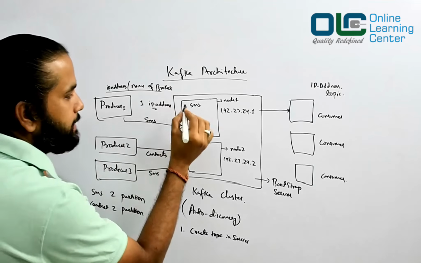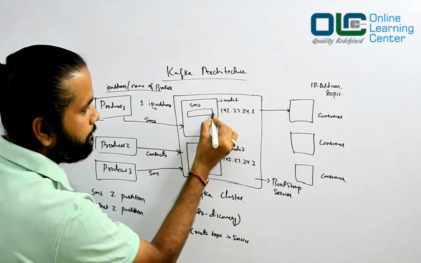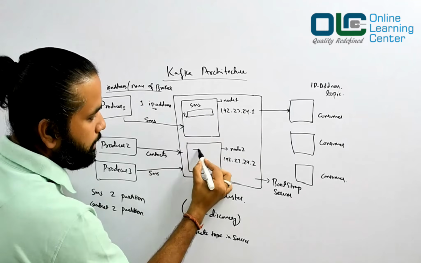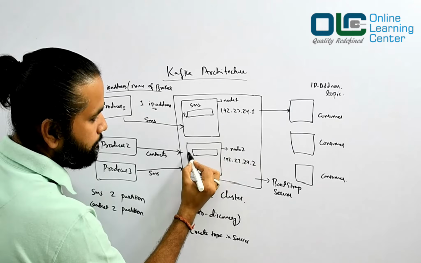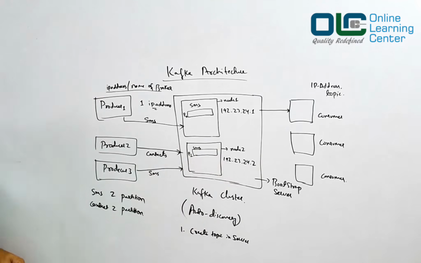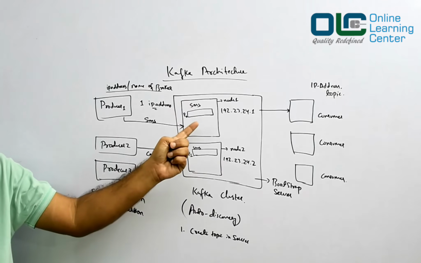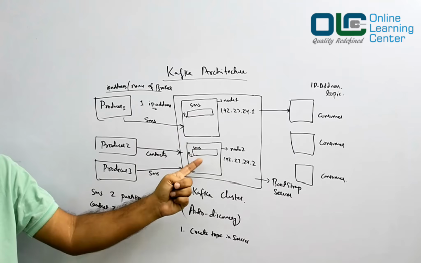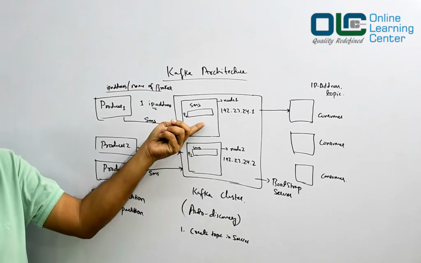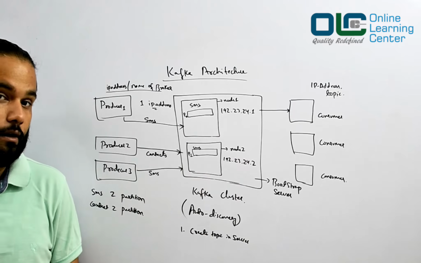Okay, so your SMS has 2 partitions, so I'll call it P0. Okay, and I'll call it P1. See here, the topic name is SMS. It has 2 partitions, and what happened was P0 partition is here and P1 partition is here arbitrarily. Okay, so it is not necessary that it will be here altogether. It can be distributed across a lot of servers.